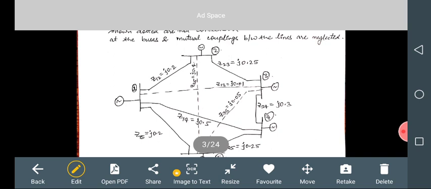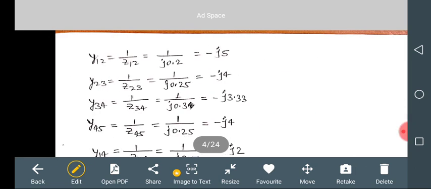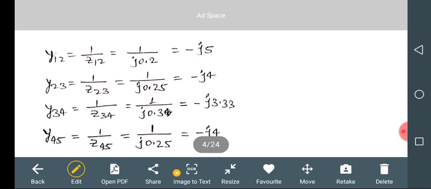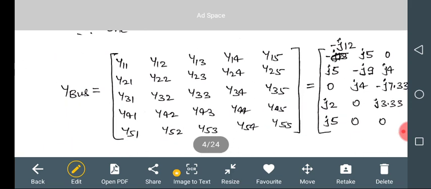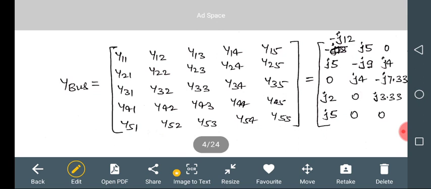Now come to write the diagonal and off diagonal matrix element values. We have converted all these values. First we have converted all the off diagonal values. What are off diagonal values? In this matrix, off diagonal values are Y12, Y13, Y14, Y15.